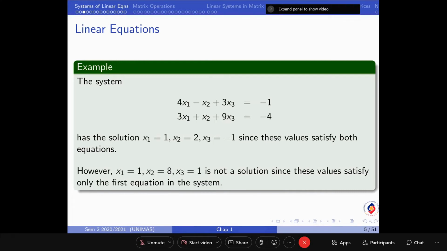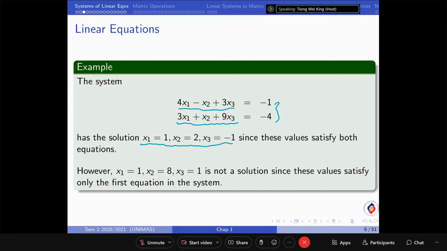For example, we have a system 4x1 minus x2 plus 3x3 equals -1, and 3x1 plus x2 plus 9x3 equals -4. This system has a solution x1 equals 1, x2 equals 2, x3 equals -1. Why do we say that?